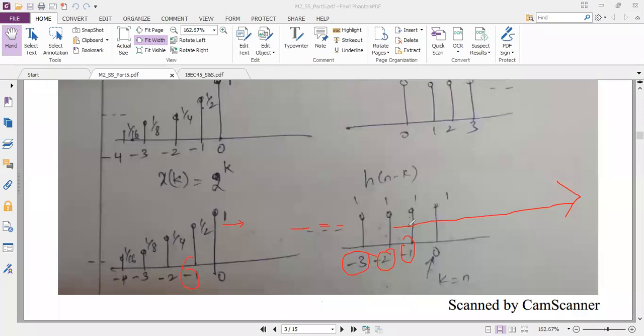If we shift towards the right hand side by 1 position, for whatever values of shifting, I don't get the output as 0. So initially, from the diagram, I will get the output between minus infinity to, instead of 0, I have kept it as n, because I have made k is equal to n here.